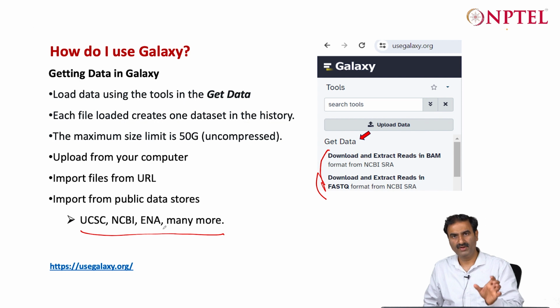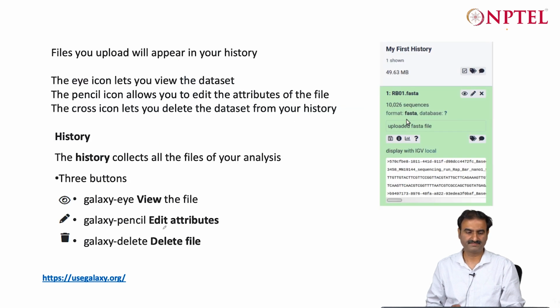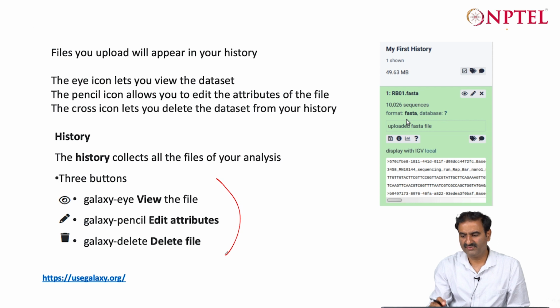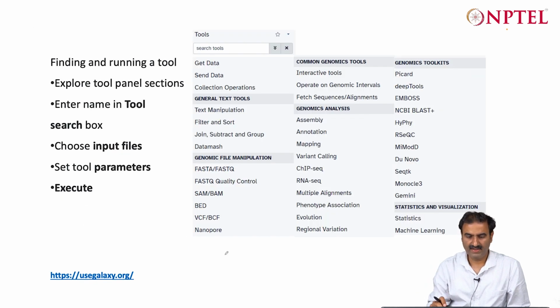Whatever analysis you want to do, more than 9,000 tools are there. It gives you history and utilities where you can know what activities you did in the past, and also the option to download the past files. You can see that so many programs are there.